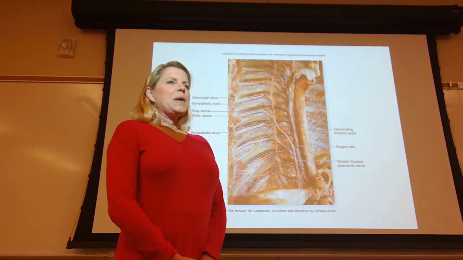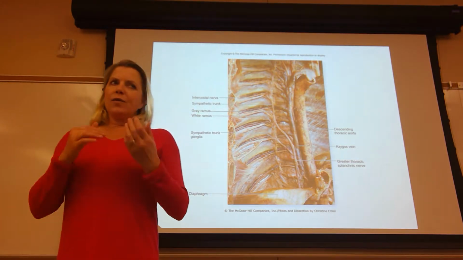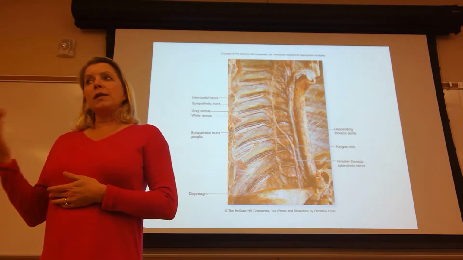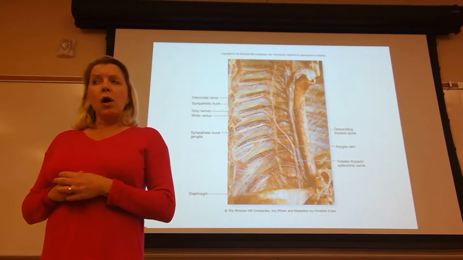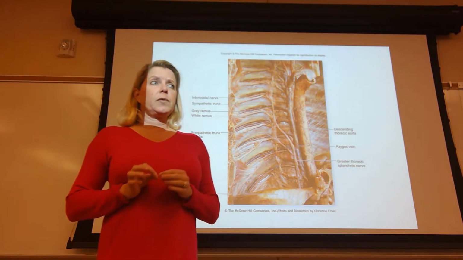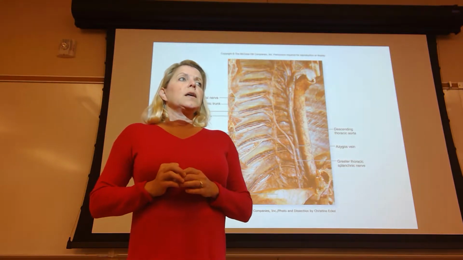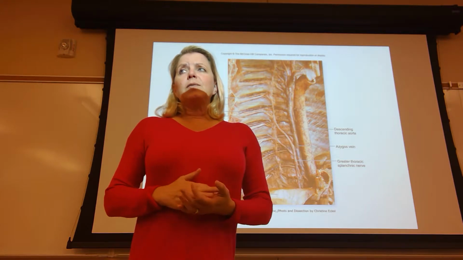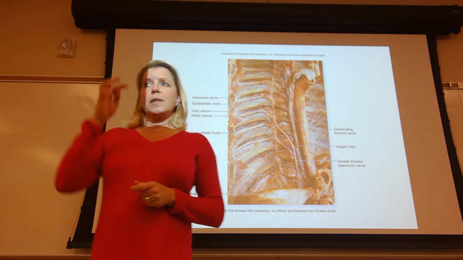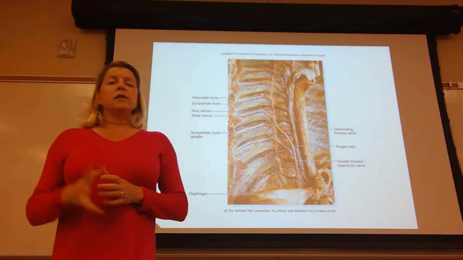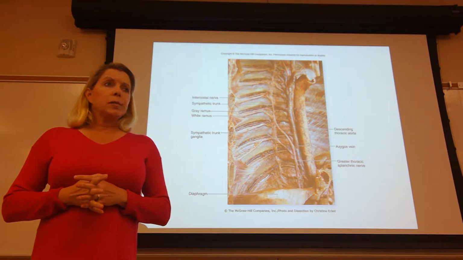We have a two neuron chain. The first neuron has to synapse on the second neuron. The second neuron, the neuronal cell bodies are also found in very specific regions. They are different for the sympathetic division and different for the parasympathetic division. Parasympathetic division, they are found in ganglia called terminal ganglia.